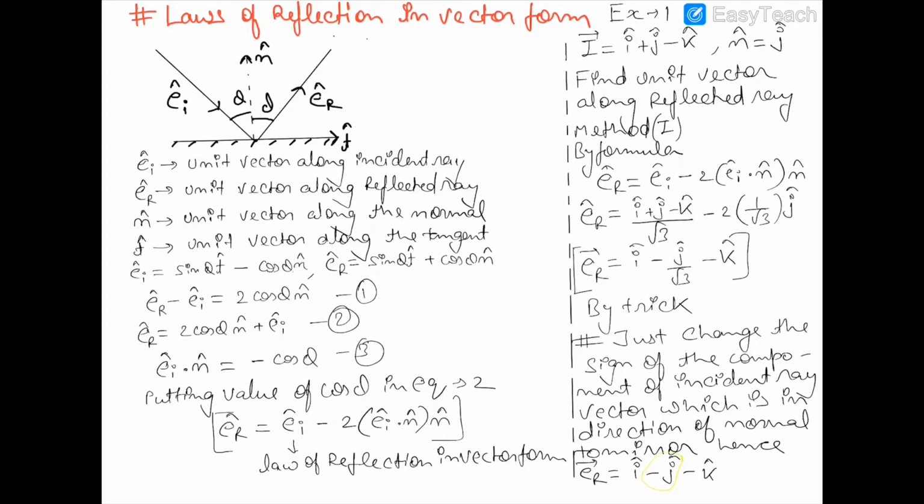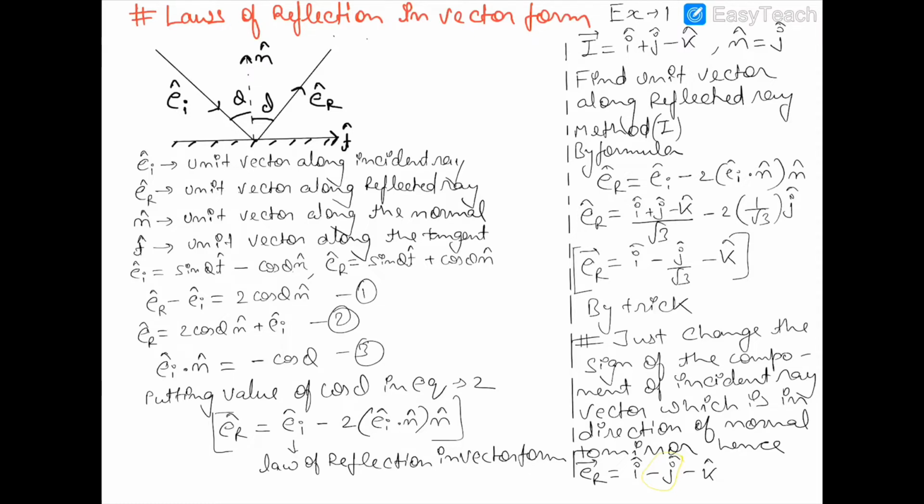The incident ray has a unit vector ei cap, and the reflected ray has the unit vector er cap. R denotes the reflected ray, I denotes the incident ray. The angle of incidence and angle of reflection are equal, as you all know.